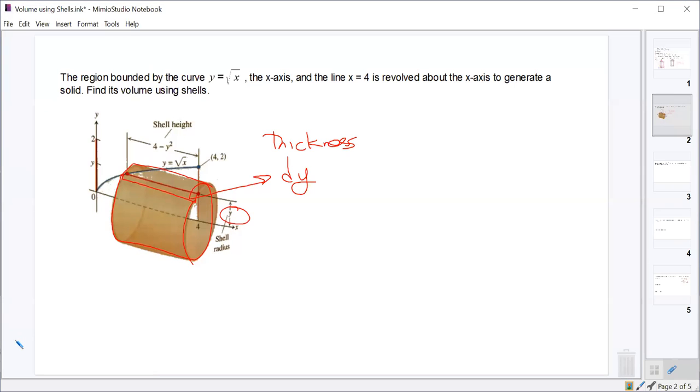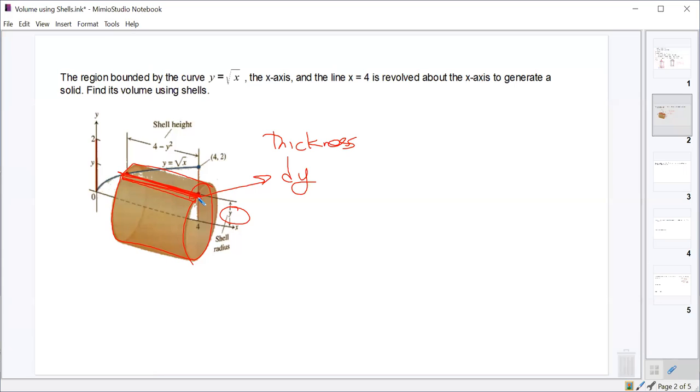And as far as the height of the rectangle, it is this distance right here. The right-hand bound of our region is always the line x equals 4. The left bound of our region is the function.